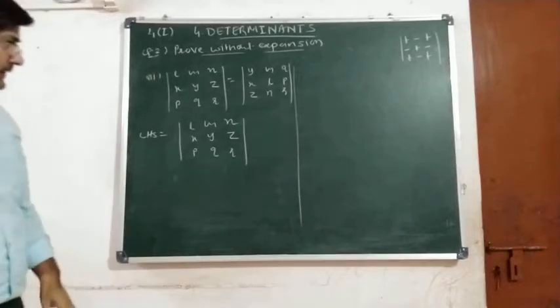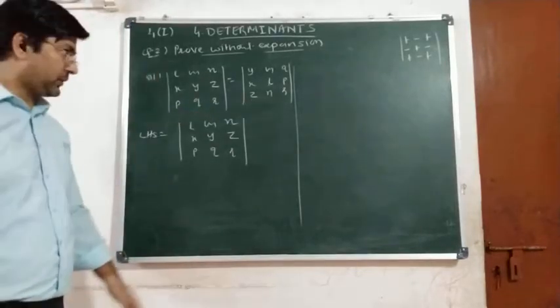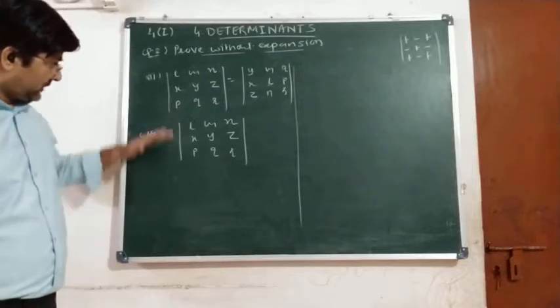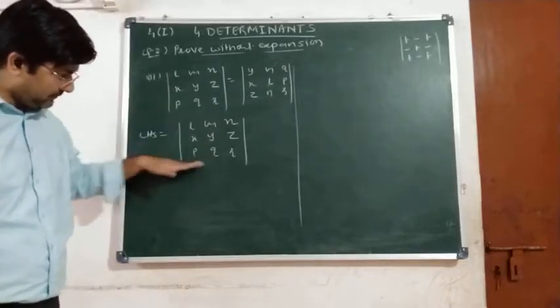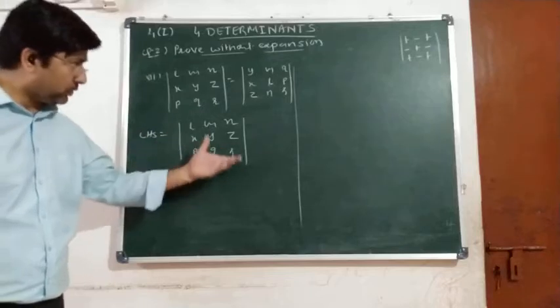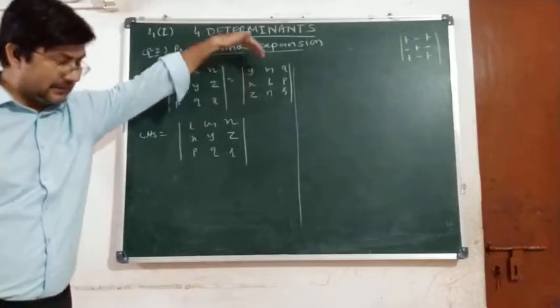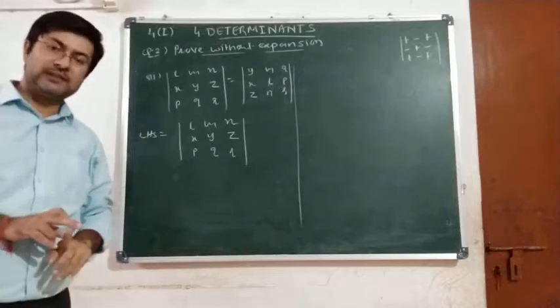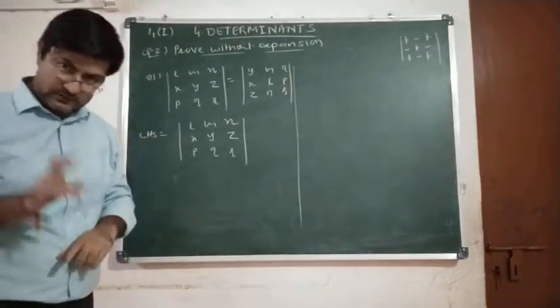Notice certain things. Always keep the right hand side in mind, what you have to bring. Now notice that the entries XYZ, LMN and PQR are in rows, while on the right hand side these entries are seen in columns. So one thing is very clear, that we have to convert all these rows into columns, number one.